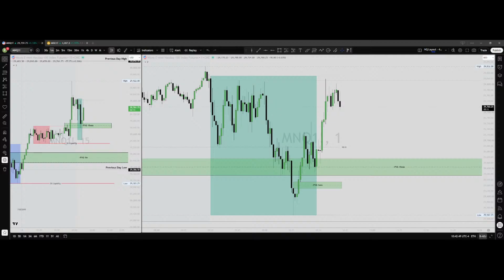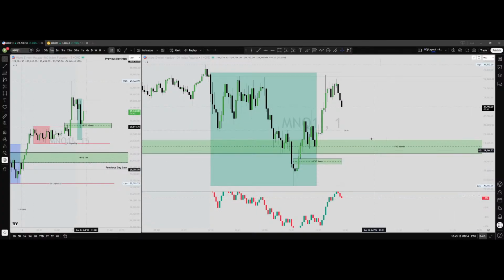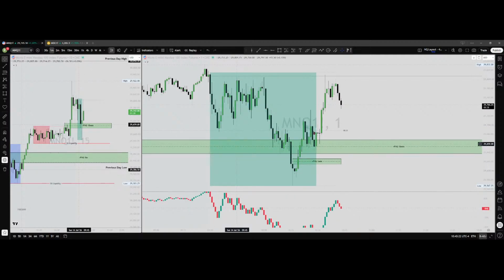Don't forget we still have draws on liquidity lower. Okay, that's a pretty good signal right here.